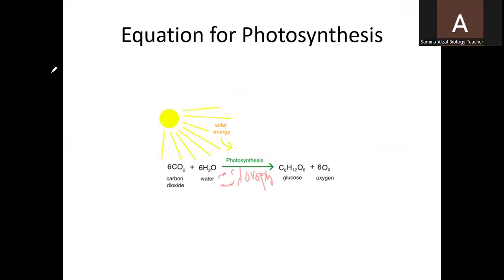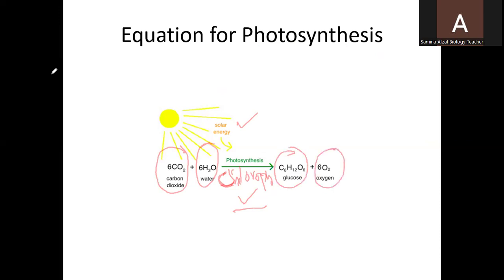in the presence of sunlight, in green parts of the plants, chlorophyll is there, 6 molecules of carbon dioxide will react with 6 molecules of water to give rise to 1 molecule of glucose with 6 molecules of oxygen.